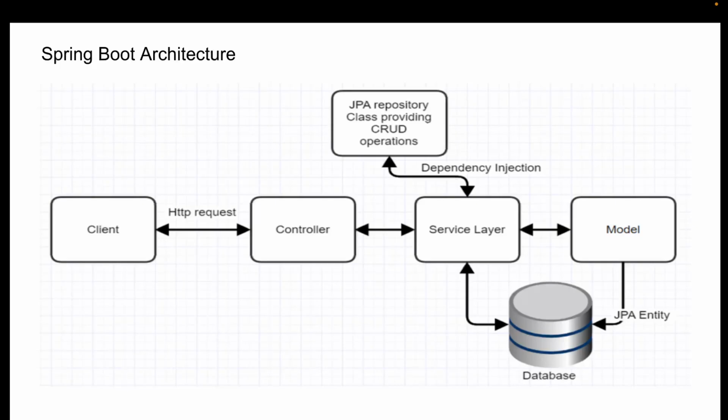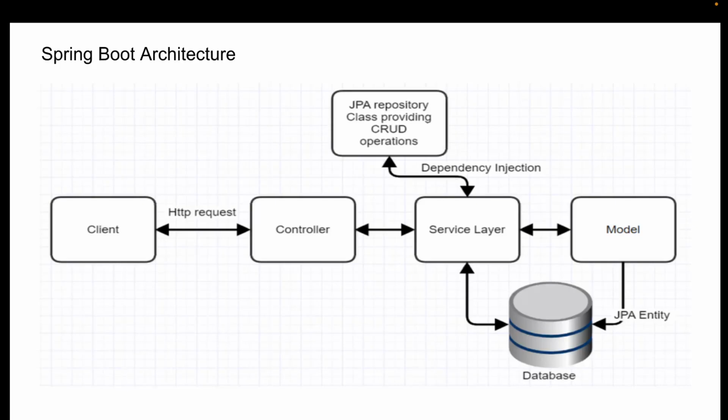When I hit that particular URL with some payload, that means I am passing an HTTP request. So how does that HTTP request go into our Spring Boot application, and how do you get the response?